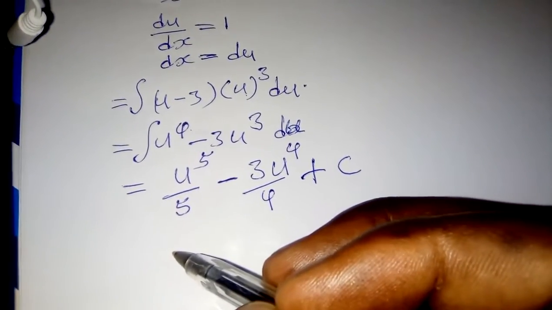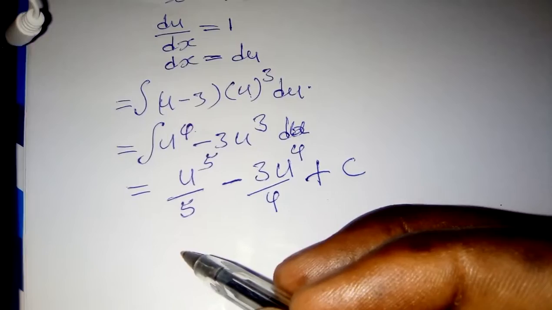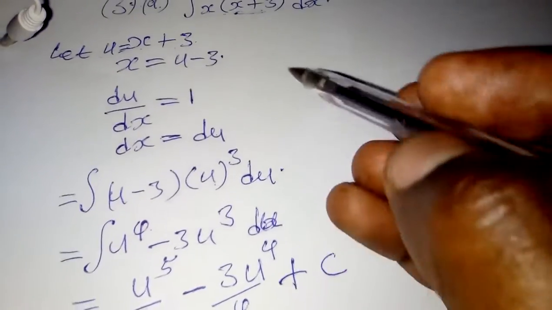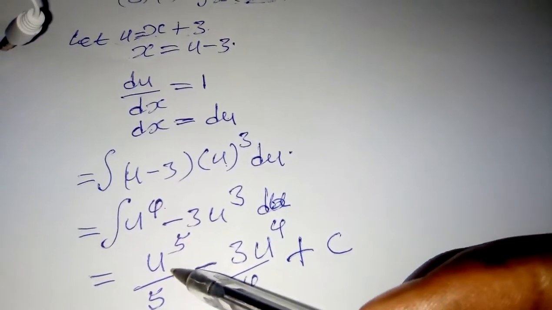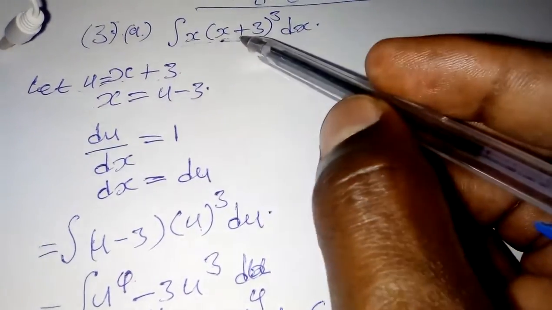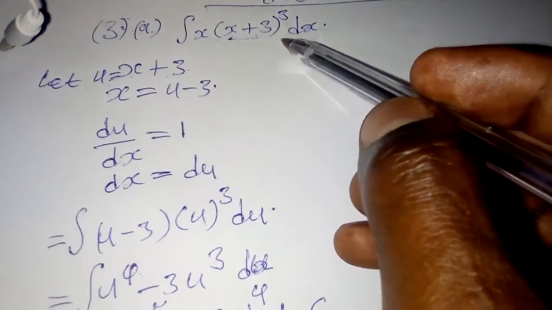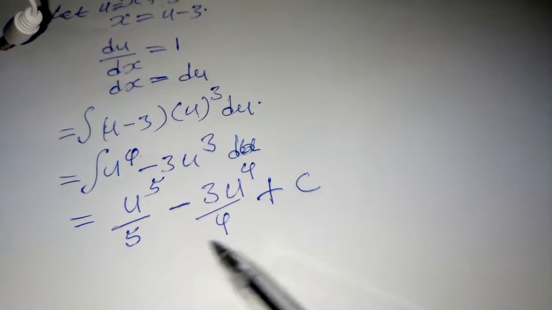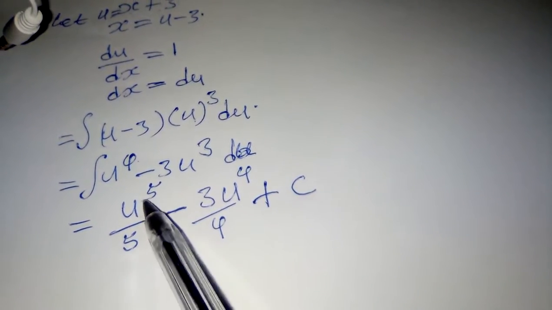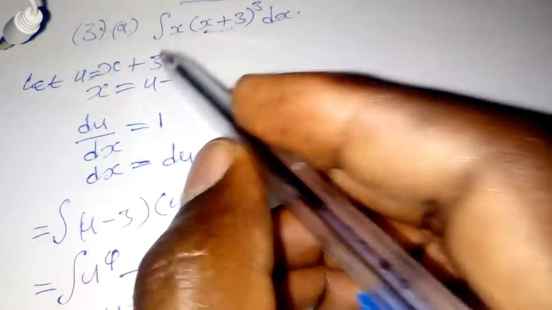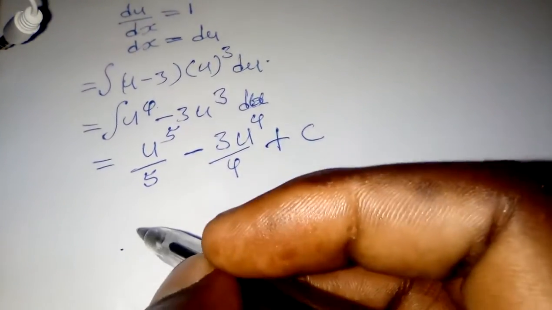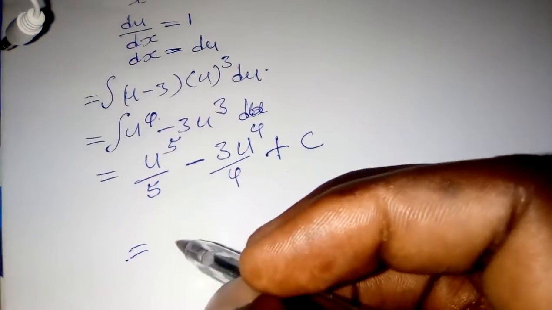Then apart from that, it is also important for you now to take care of this u. Remember, what we are finding is the integral of that with respect to x. But when you look at this solution that we found here, it has u instead of x, meaning where there is u, I'm going to replace it back with x plus 3. So I'm going to have something like this.